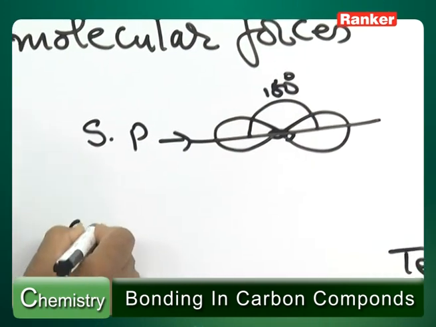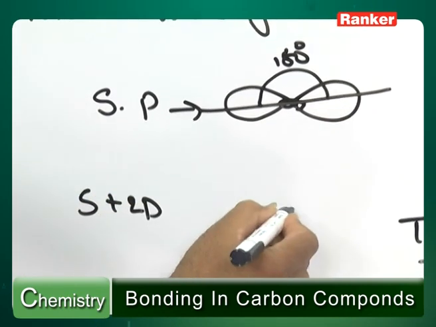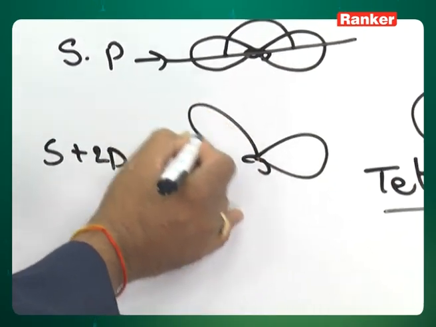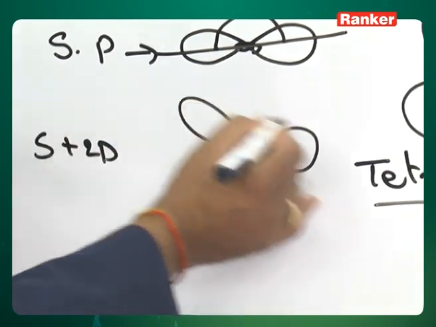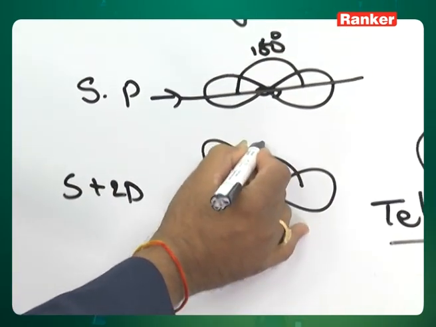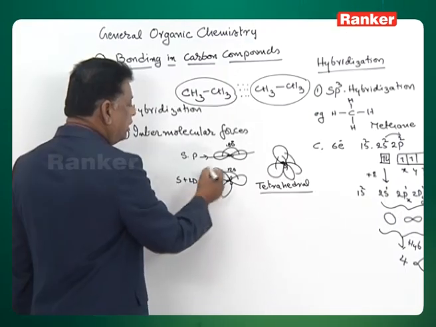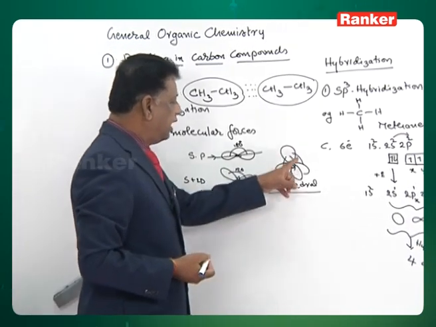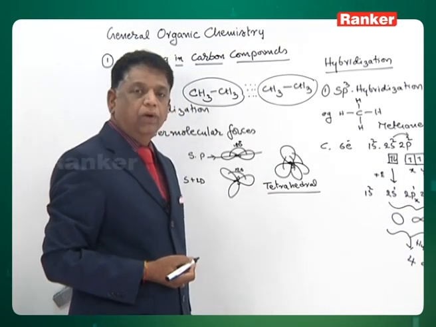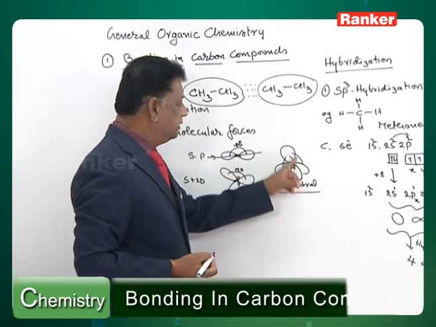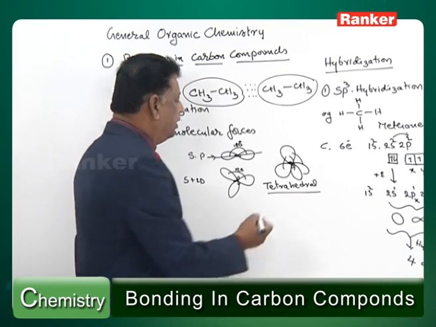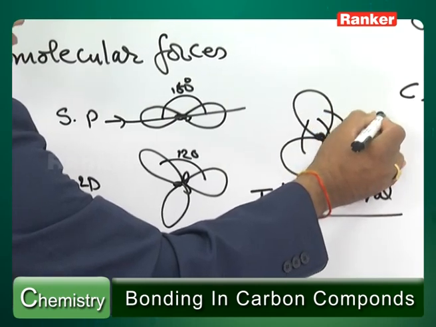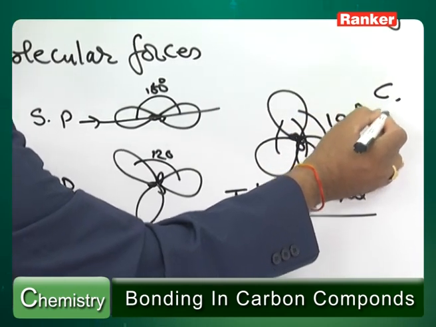If s and 2p are involved, then 3 sides 3 will be there. That will be the sp2 hybridization with a 120 degree separation, trigonal planar. If 4 are there, 4 sides 4 having the equal bond angles, the angle separation will be 109 degrees 28 minutes.